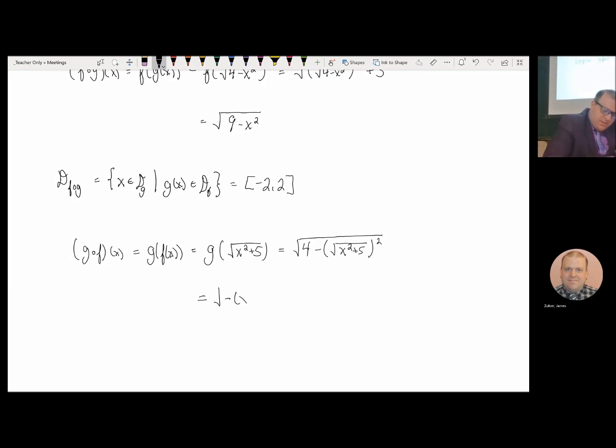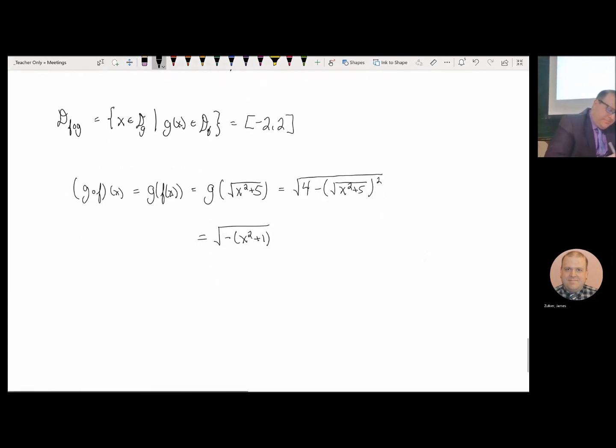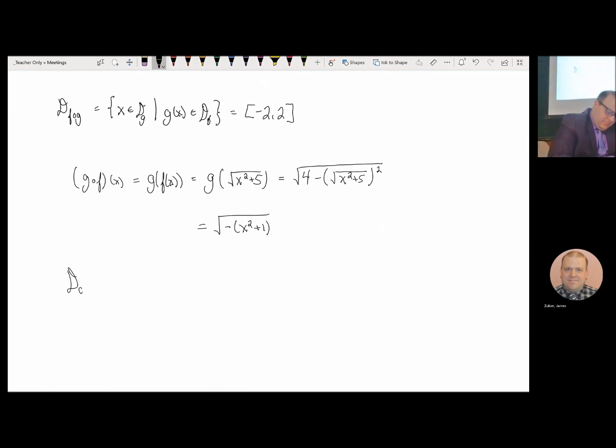Like negative x squared plus 1. It'll be negative x squared minus 1. Yeah. So negative quantity x squared plus 1. That's gonna be a problem.